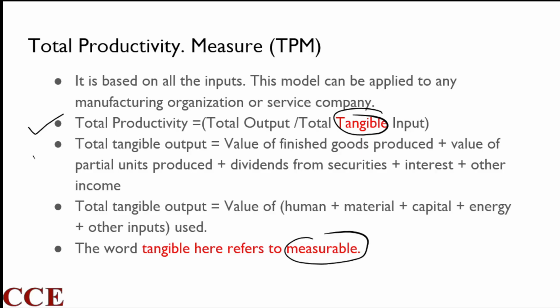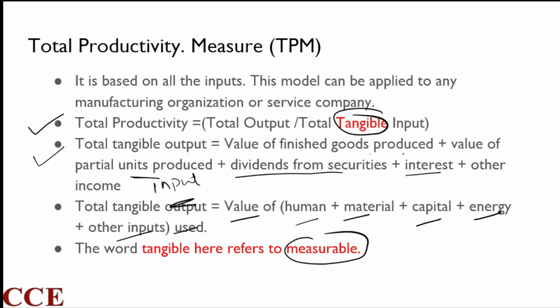So total tangible output is the value of the finished goods produced plus the value of the partial units produced, dividends from the securities, interest, other income. What will be the total tangible input? The value of human, material, capital, energy, and other inputs which are used.